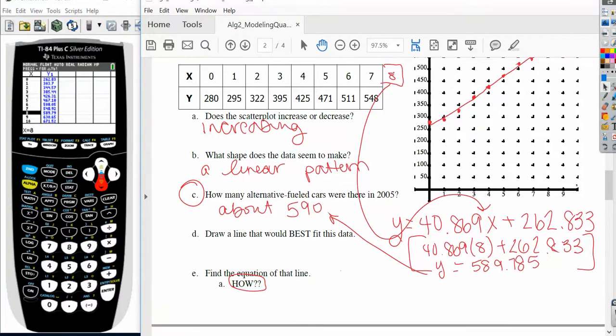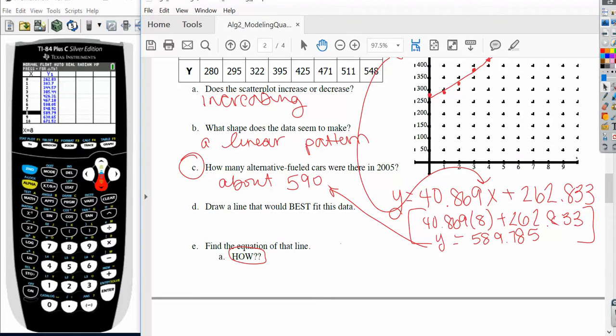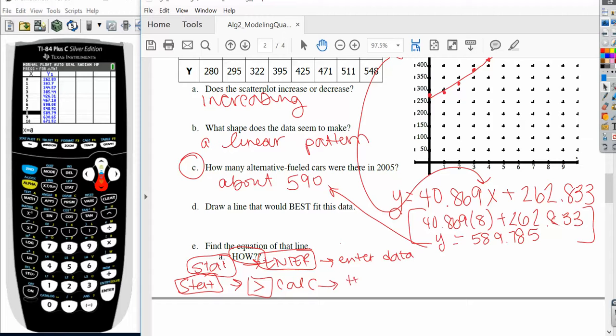But if I come down here, the steps that I need to know how to use in my calculator are: I'm going to press stat, and then enter, and then type in my new data. Then I press stat, press the right arrow over to calc, and then press number 4 for linear regression.